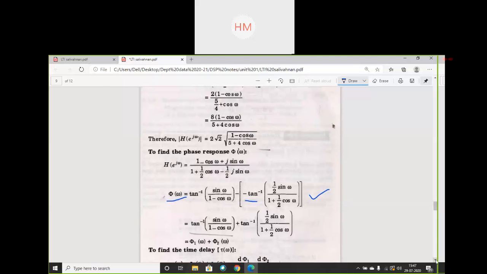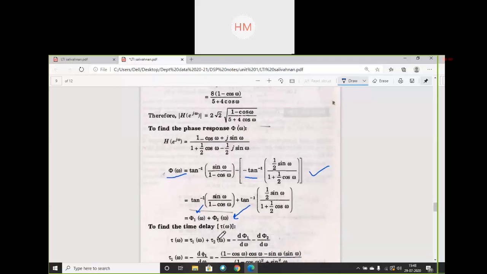Is this term clear? Phi of omega. Okay. Then I will put this term as phi 1 of omega, and this term as phi 2 of omega. So I got my phase value.